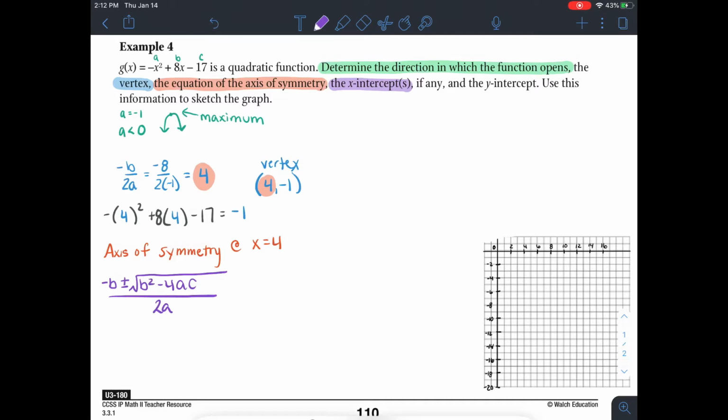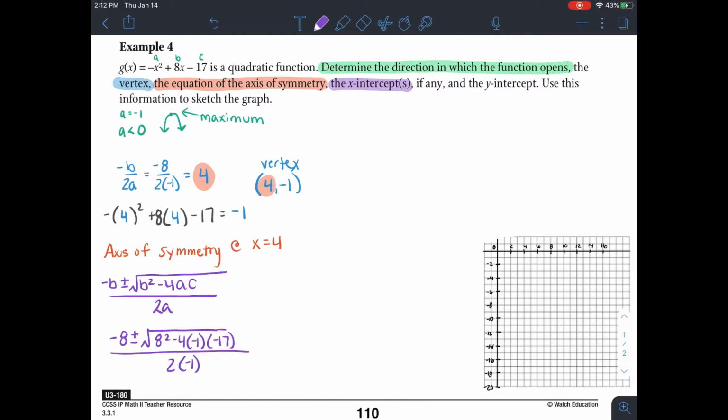So if we plug in that information, we would have -8 plus or minus the square root of 8 squared minus 4 times -1 times -17, all over 2 times -1.